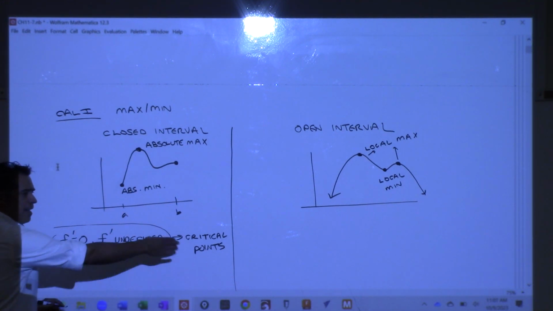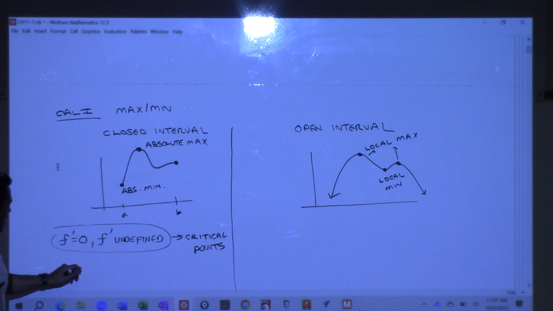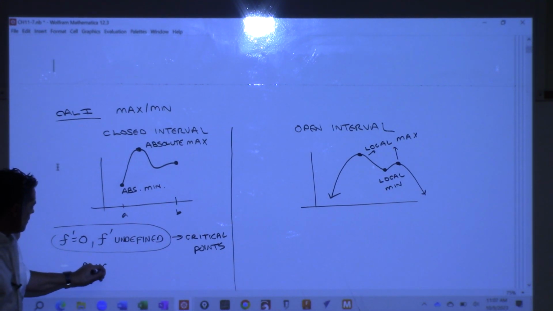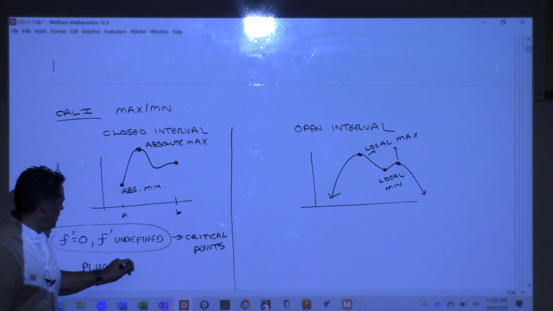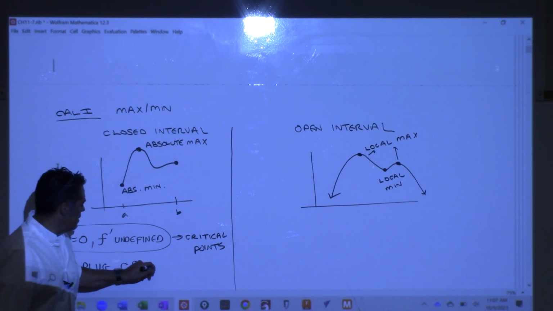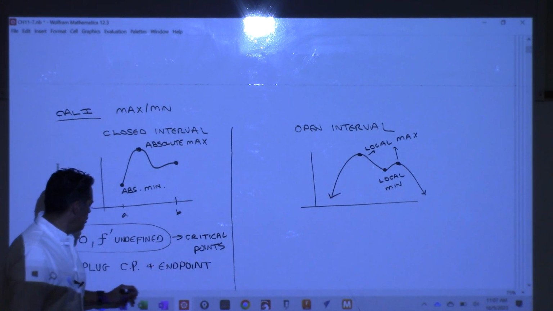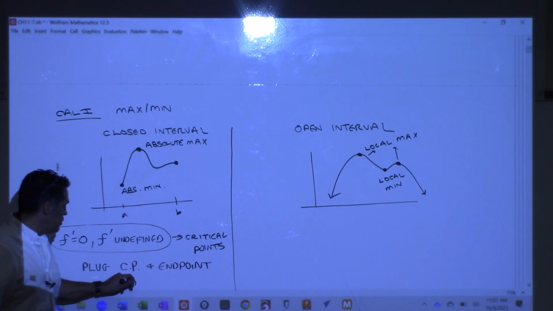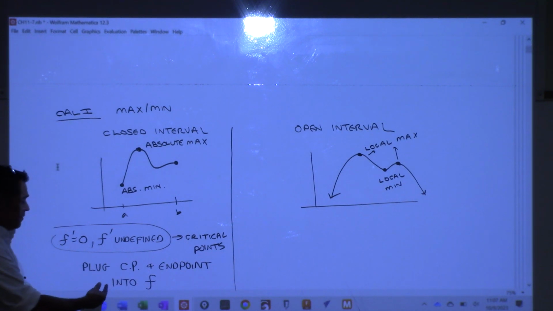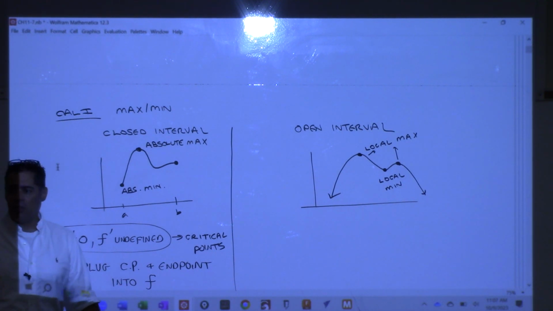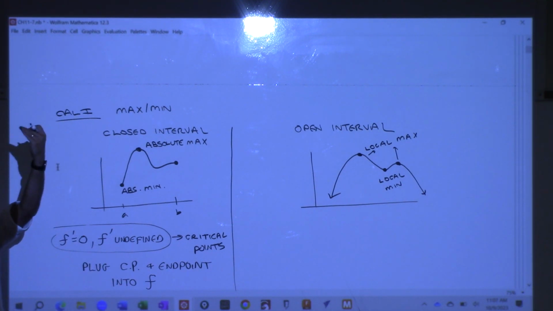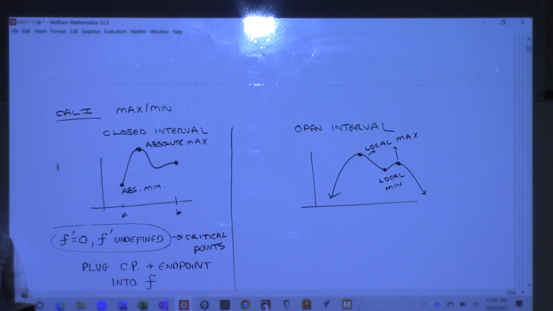So what you do is you find the critical points or critical numbers, then you plug the critical points, CP, and the endpoints into the original function, into f, not the derivative. What you're looking for is the biggest value that comes out is your absolute max, and the smallest value that comes out is your absolute min.